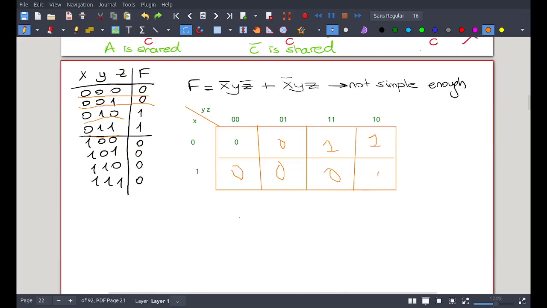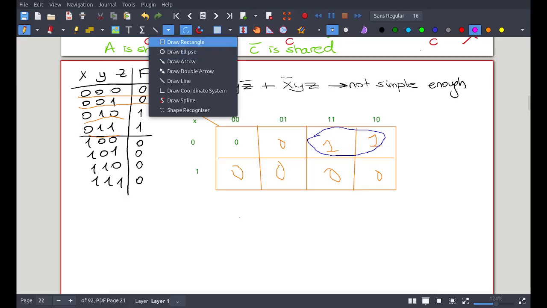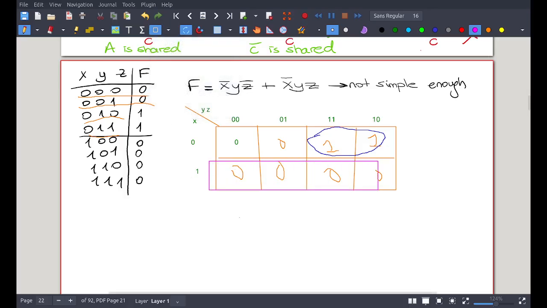Now we need to group them, and the only grouping we have available is over here, these two. As I explained a while ago, this will be the X grouping.